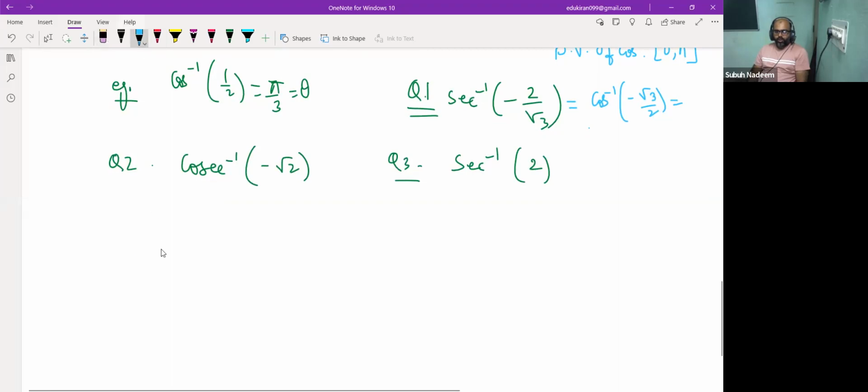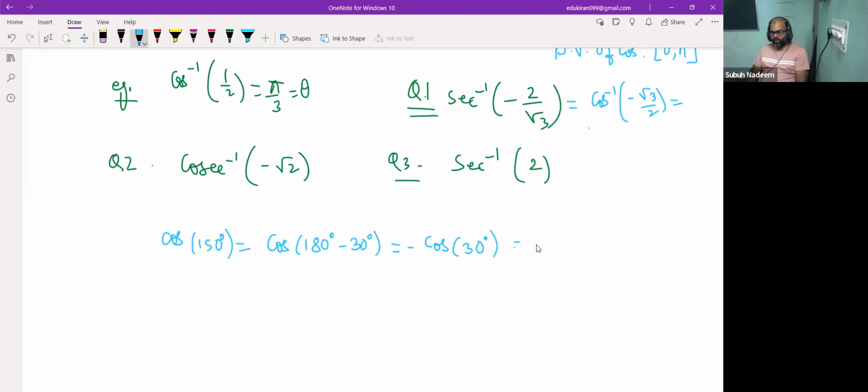Because if you take cos of 150 degree, it would be cos of 180 degree minus 30 degree, which is minus cos 30 degree, which is minus root 3 by 2. So the angle is 150 degree. And 150 degree in radians is 5 pi by 6.